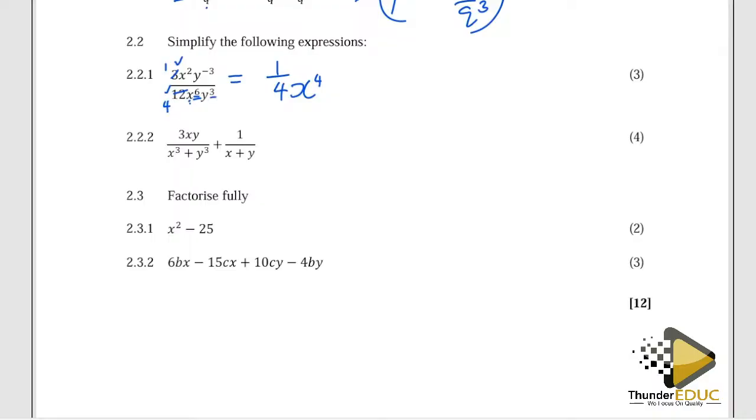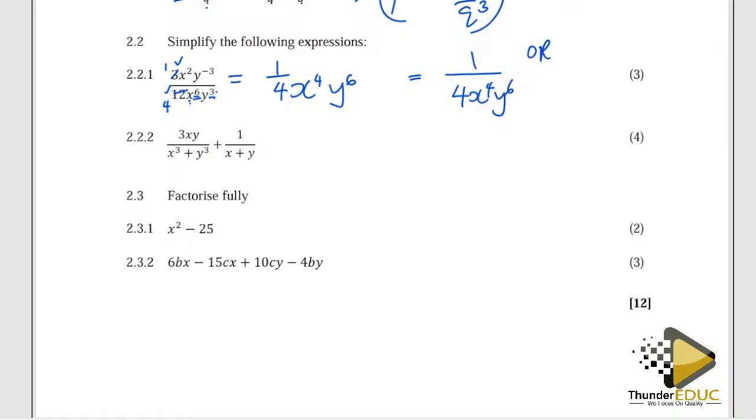Same applies with the y. I'm seeing the bigger y down, which means the y has to be in the denominator. So 3 minus 3, I'm going to get y to the 6. So that becomes our answer. It's going to be 1 over 4x to the 4, and then y to the 6.